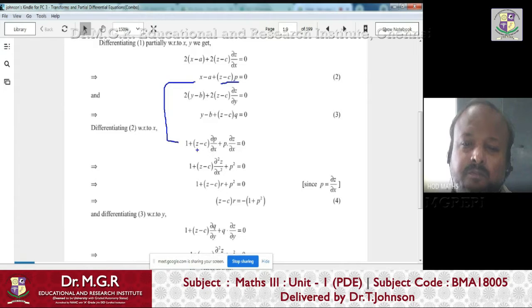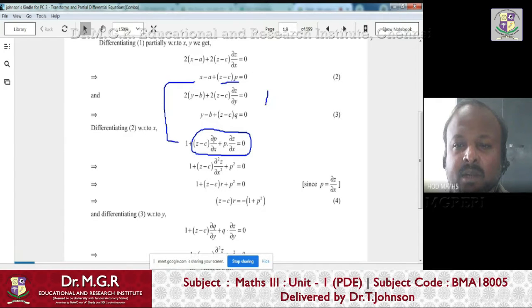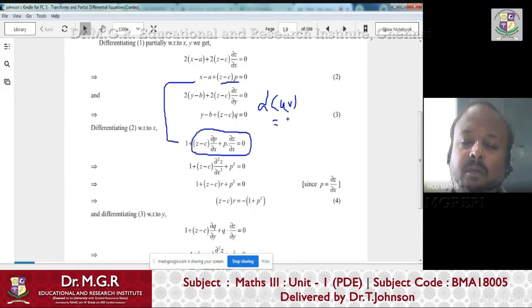So now we have to use the simple idea, that is the uv rule, right? So what is d of uv? Anybody can tell? D of uv is uv dash plus vu dash. Right?